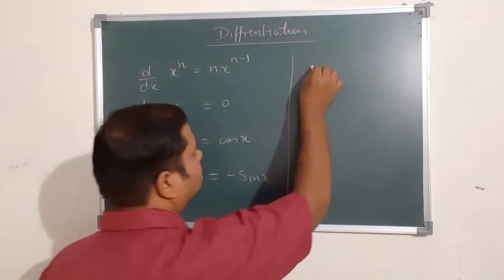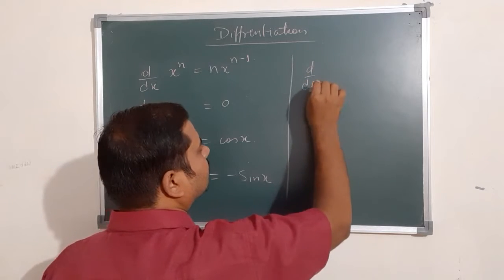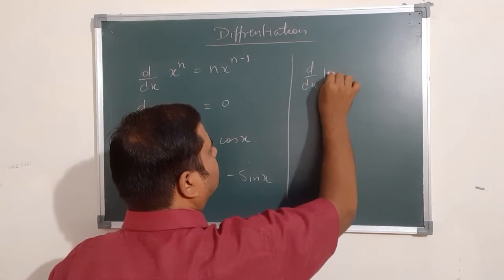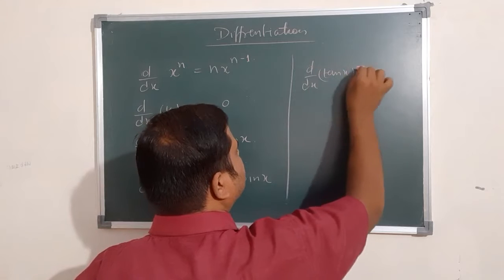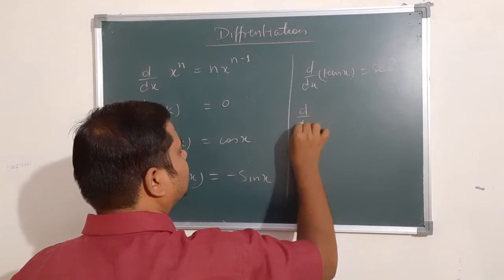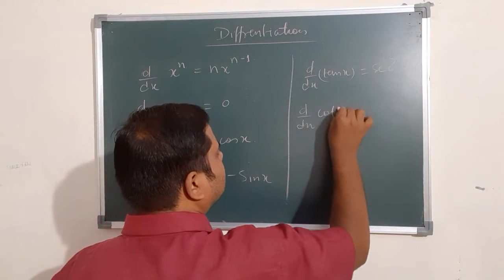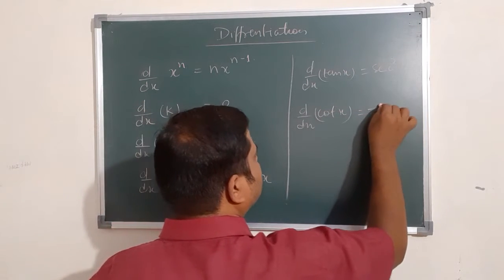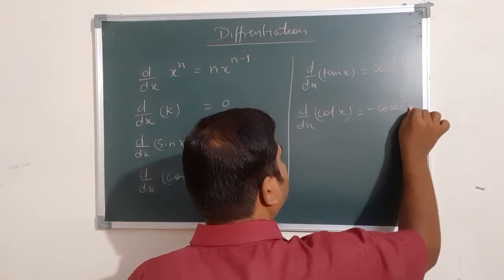d by dx of tan x is sec square x. d by dx of cot x is minus cosec square x.